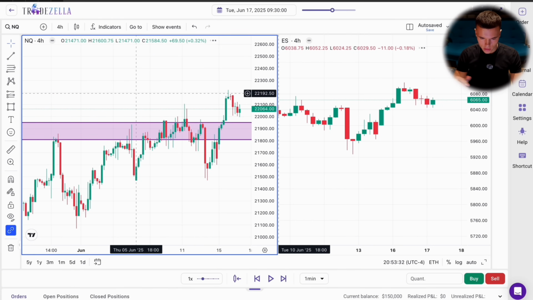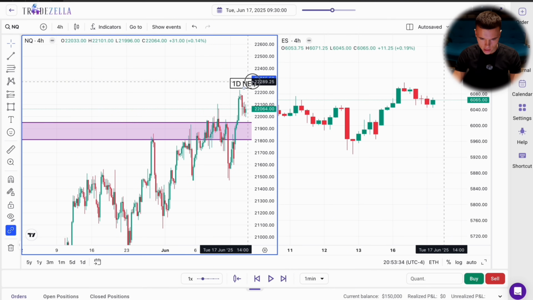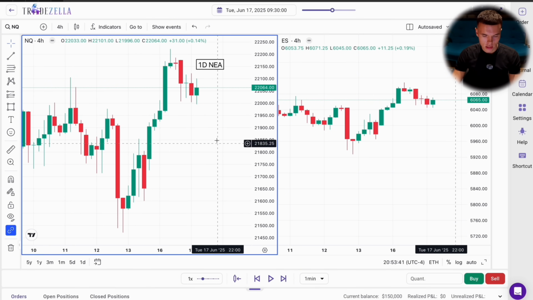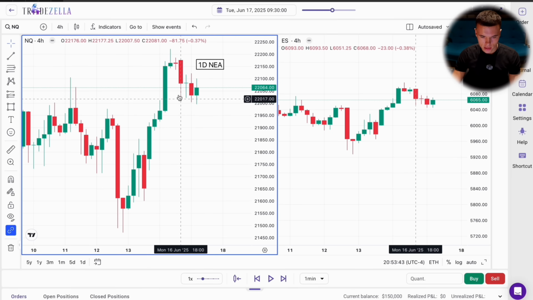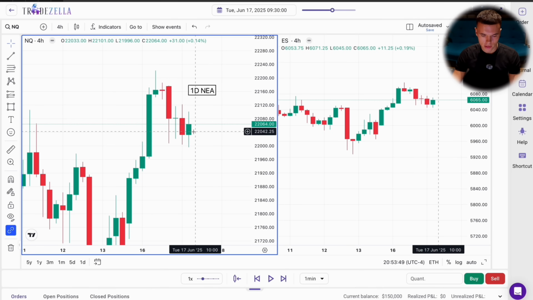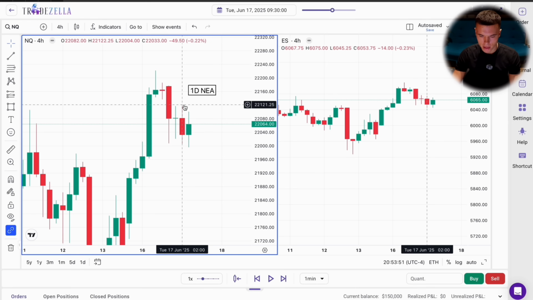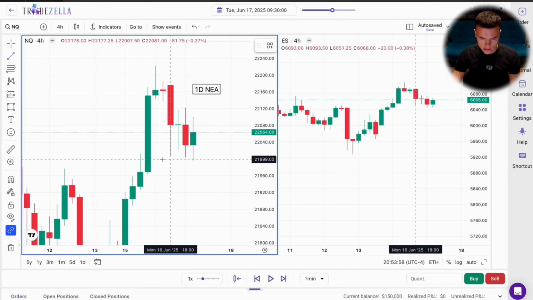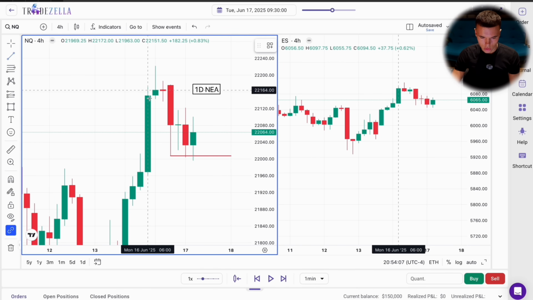Now we're going to take over to the 4-hour time frame and understand what imbalance we are currently in in order to determine our bias. Looking at the 4-hour time frame, you can see we're currently in a 4-hour bullish fair value gap and also a 4-hour bearish fair value gap. If you take a closer look, the draw out of the bearish fair value gap is going to be the next low, you can see there, and the draw out of the bullish gap is going to be the next high.